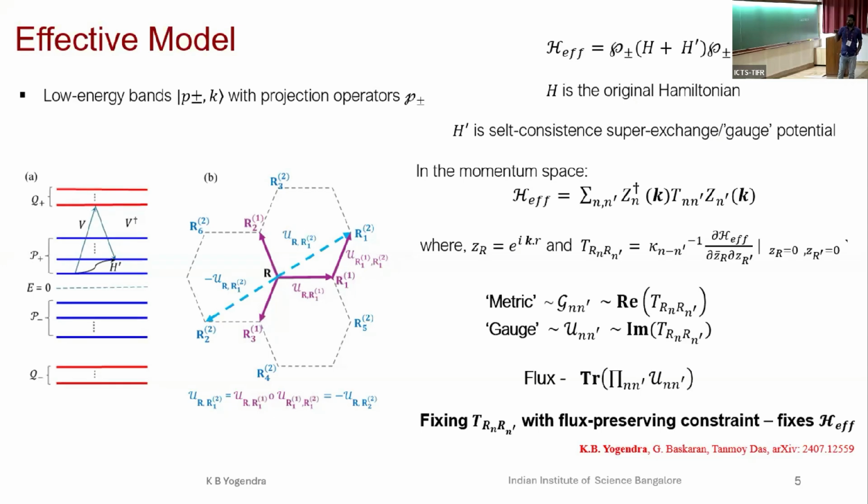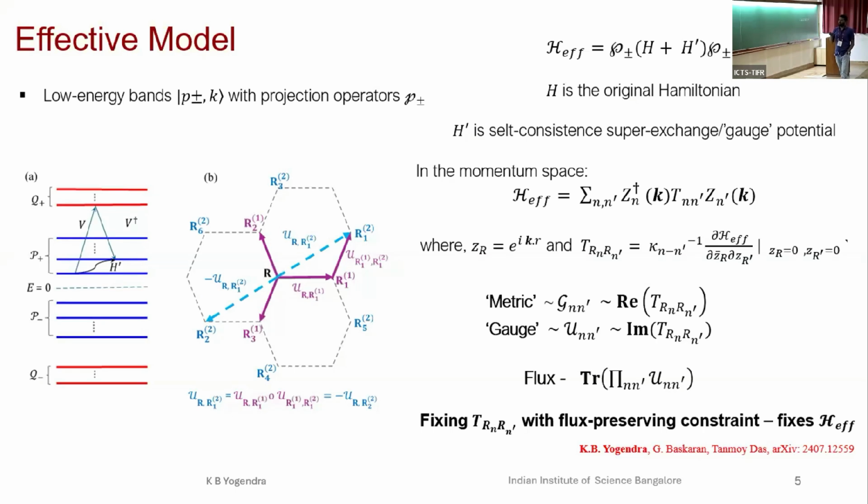Here the hopping parameters, the real part and imaginary part, make direct connections to the metric and gauge freedom in the problem. By fixing the imaginary part in such a way that it gives rise to the flux present in the model, one can fix these hopping parameters, and then we can study the effective Hamiltonian further.